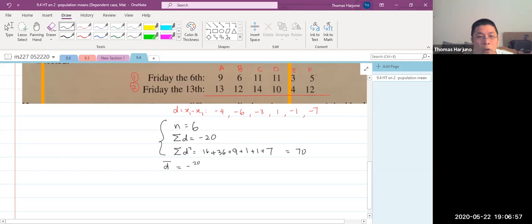Negative 20 over 6. That will be negative 10 over 3, negative 3.33. The variance of the differences will be 6 times 70 minus negative 20 squared, over 6 times 5.